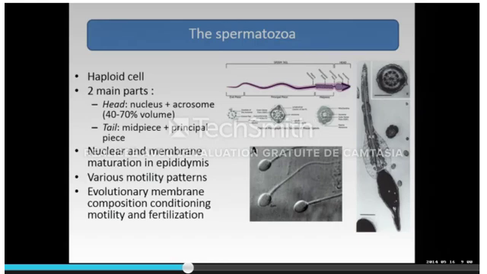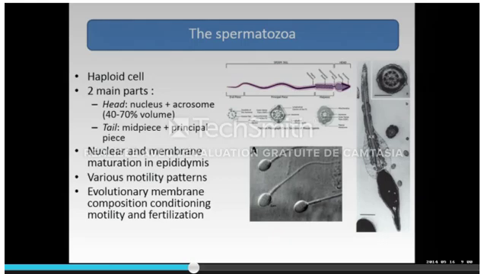This is responsible for the various motility patterns that you can find among spermatozoa, and this is also true when you prepare sperm for ART techniques, or when sperm undergo physiological capacitation during their way in the uterus and the tubes, because once again the membrane is evolving.